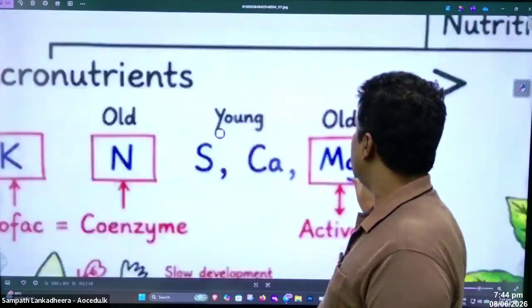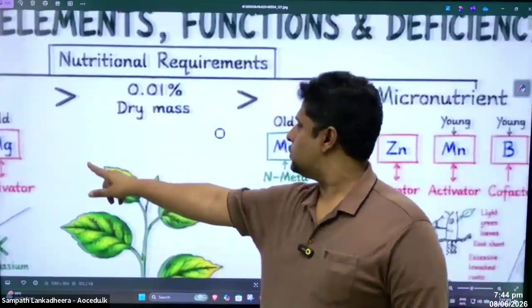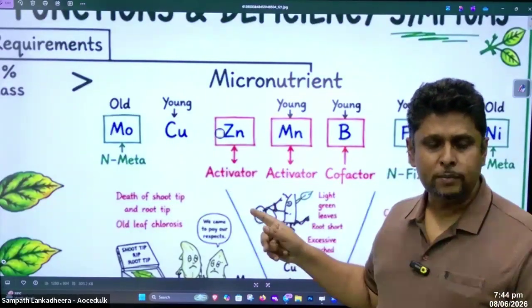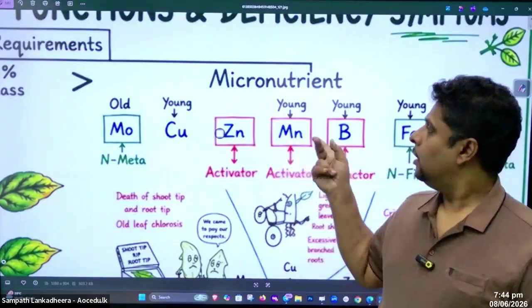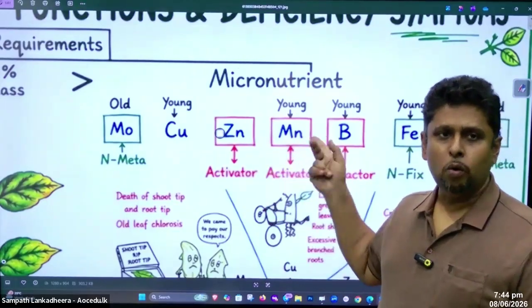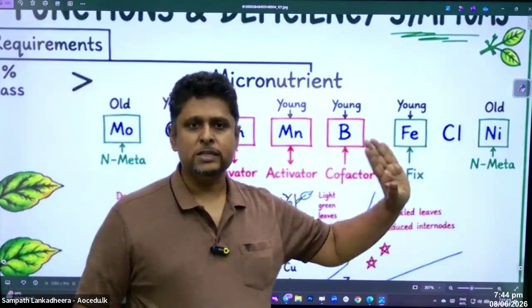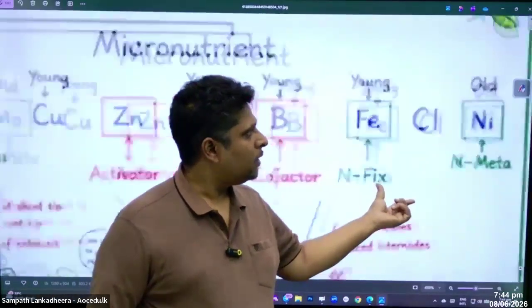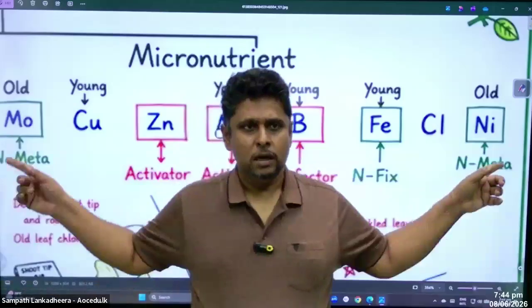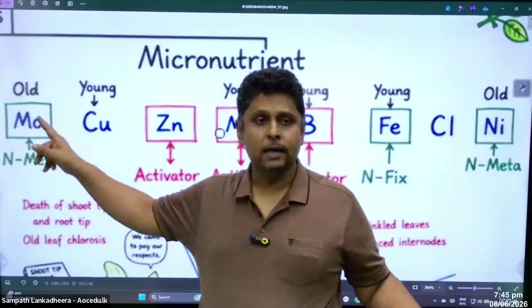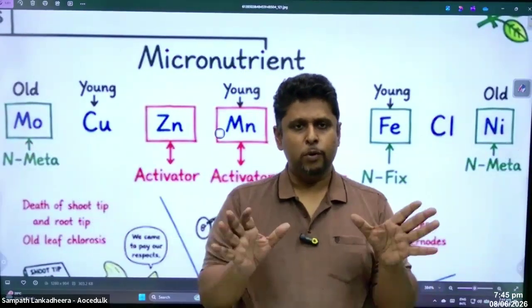Similarly, we learn, people, micronutrient deficiencies usually happen in young leaves. If the deficiency appears in any old plant part, that is unusual. Now these two, we can see that in old parts, are molybdenum and nickel. For both it's unusual.